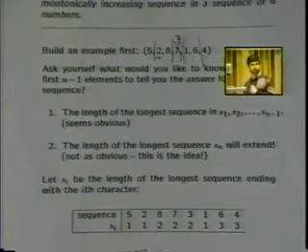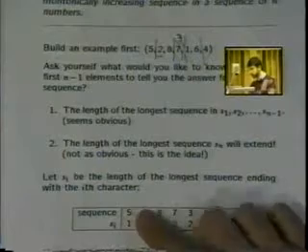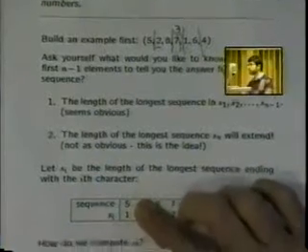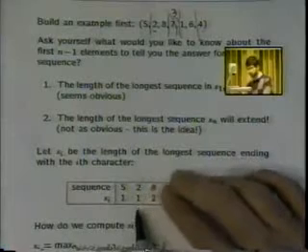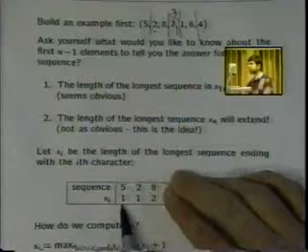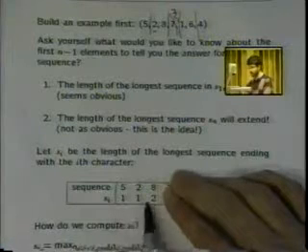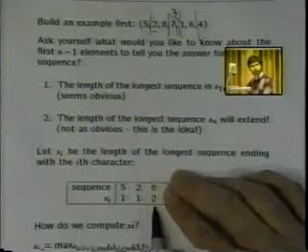Why is that? If I'm going to add a number 4, so let's think, what's the length of the longest sequence that ends in 5? It's going to be 1. That ends in 2, it's going to be length 1. Longest sequence that ends here, well, it's 1 more than the sequence that ends at 5, correct? Or 1 more than the sequence that ends at 2. So there's a sequence of length 2 that can be made here.